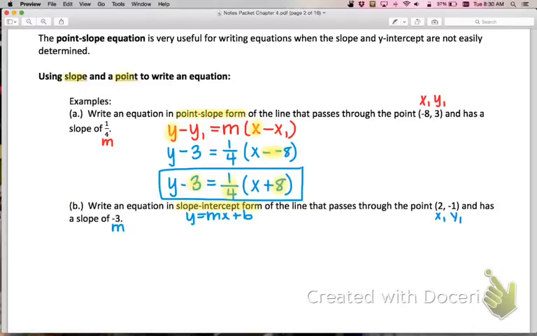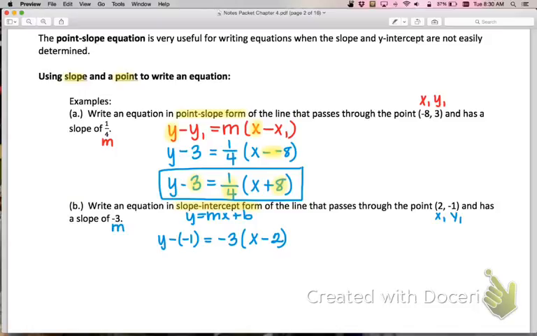So we set it up again. Y minus y1, so this time y1 is -1, equals m, which is -3, times x minus x1, which is 2.